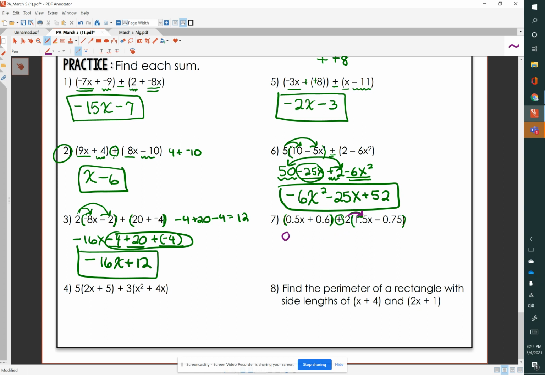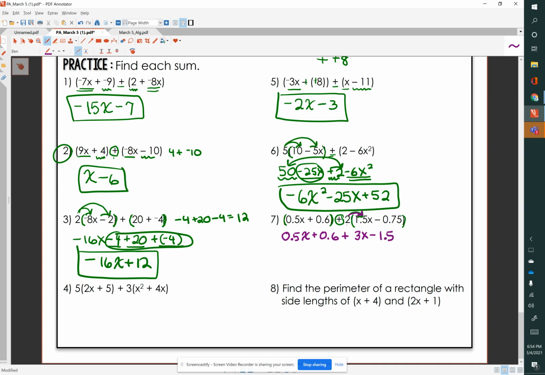I don't need those parentheses anymore. 0.5x plus 0.6 plus, now I distribute. 2 times 1 1/2 is 3, so that's 3x. And 2 times 0.75 is 1.5, and it's a positive times a negative, so it's a negative 1.5.